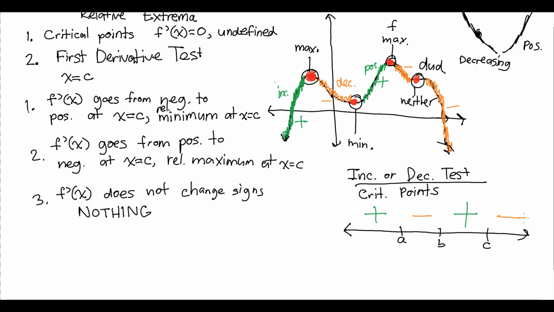So if it was negative at C plus 1, let's just say, so a little greater than C, then because there are no other critical points, it will be decreasing from C all the way to x equals infinity. Okay, as x approaches infinity, it will always keep on decreasing. Okay, and this thing is better to understand with actual problems, which we will do. Okay, it's a very popular topic on the AP exam.